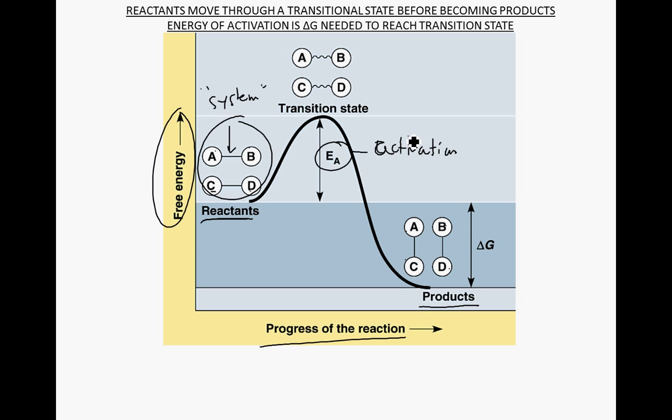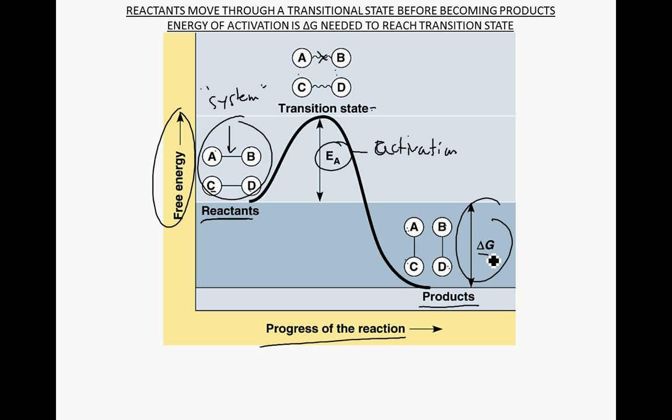And then once you reach this transition state, they become sufficiently unstable that these bonds will break and these bonds begin to form. And as you do that, this AC bond and this BD bond are at lower free energy than the bonds between A and B and C and D of the reactant. So our change in free energy over here is, of course, negative. We have a net negative delta G.